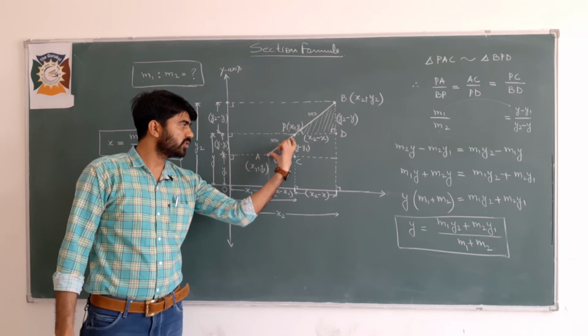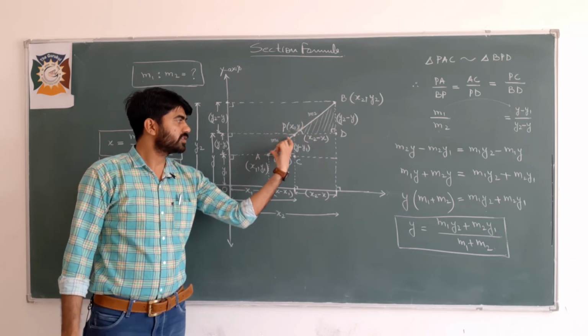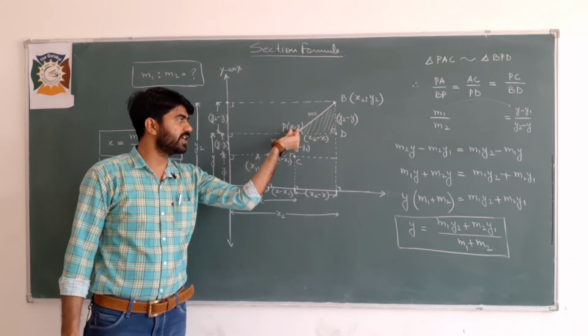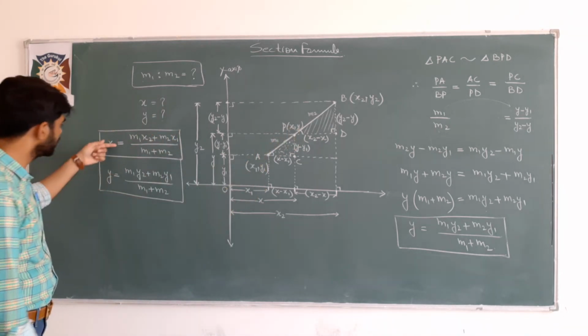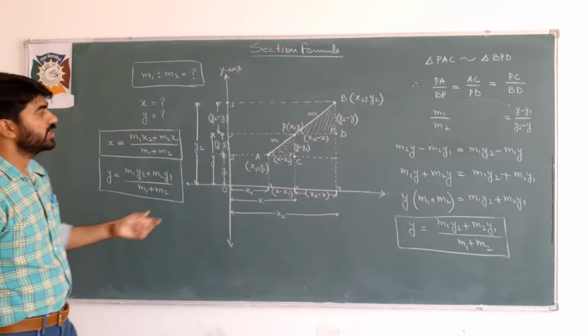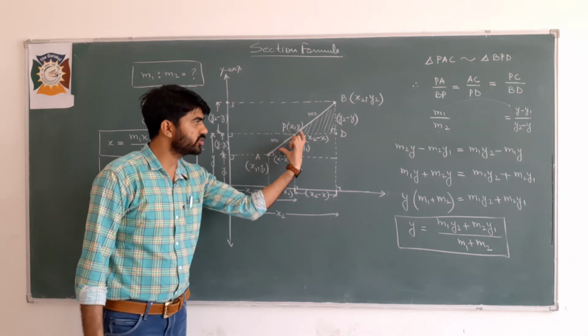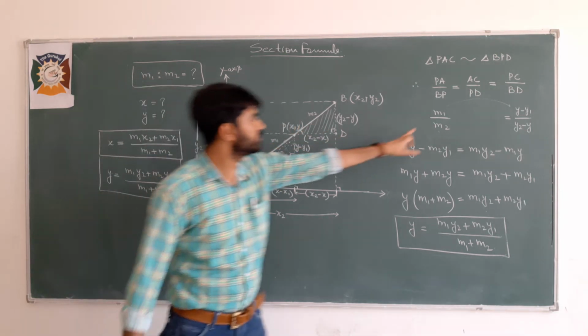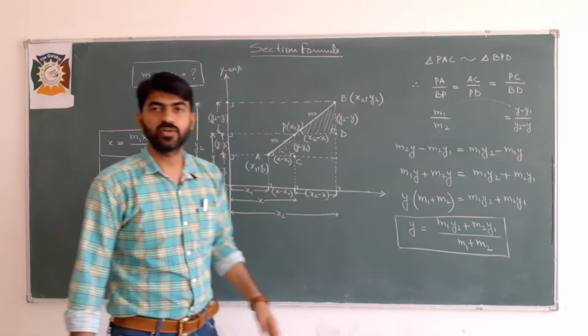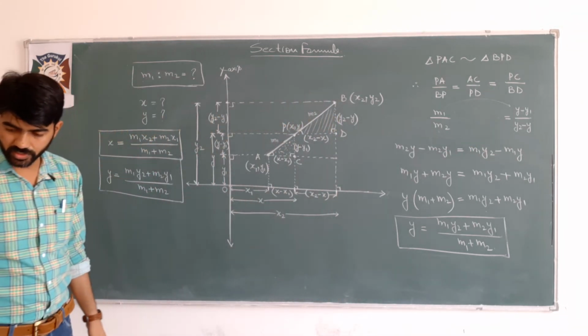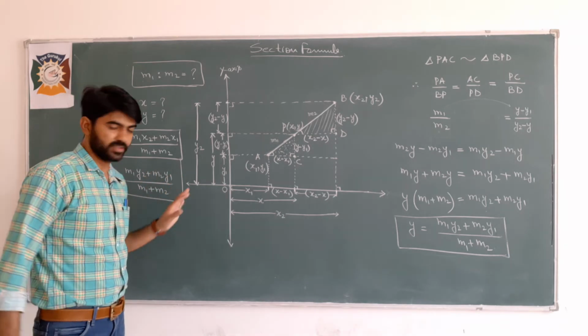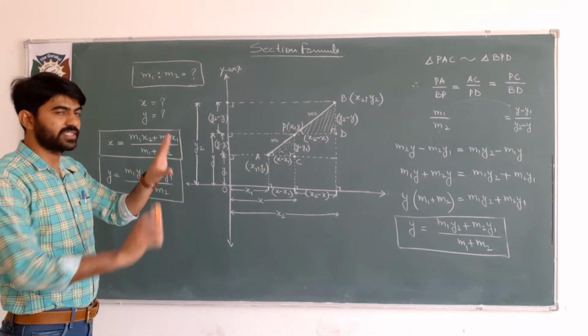If this ratio is given, we can find this point by using these formulas. If this point is given, we can find the ratio by using these formulas, okay. So this is called section formula. So I am writing this section formula.